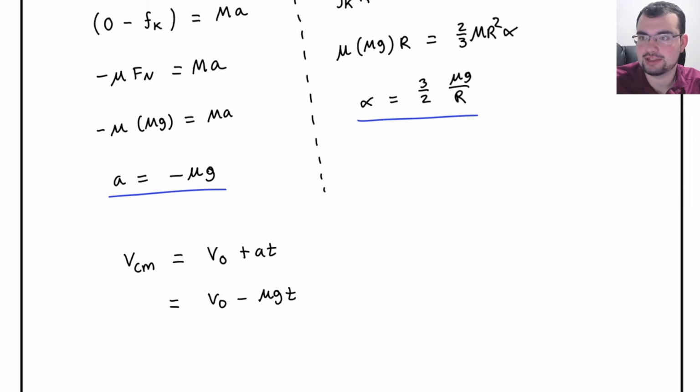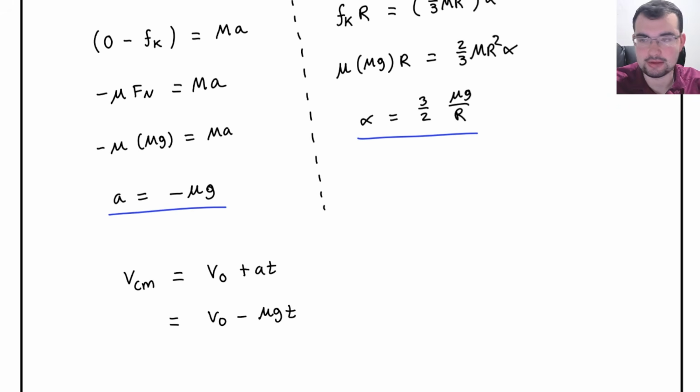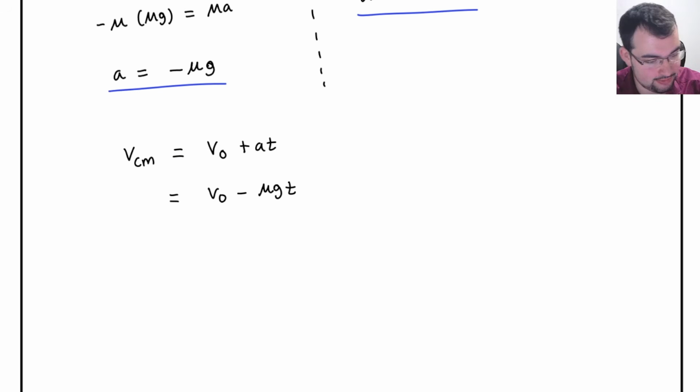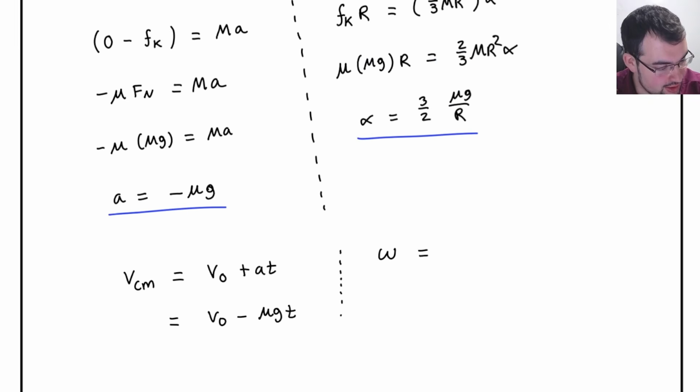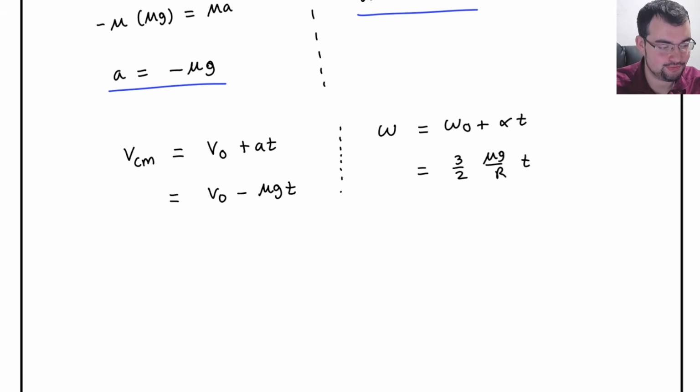So we have a velocity of v0, and we lose mu g units of that velocity every time unit. And then similarly, our angular acceleration is constant. So omega is equal to omega 0 plus alpha t. We have no initial angular velocity, so we can just multiply our acceleration by time.